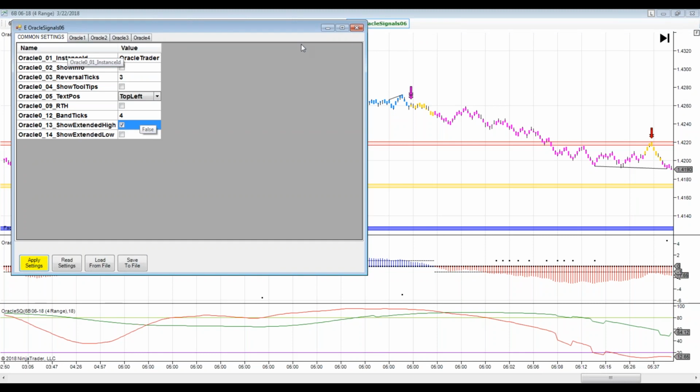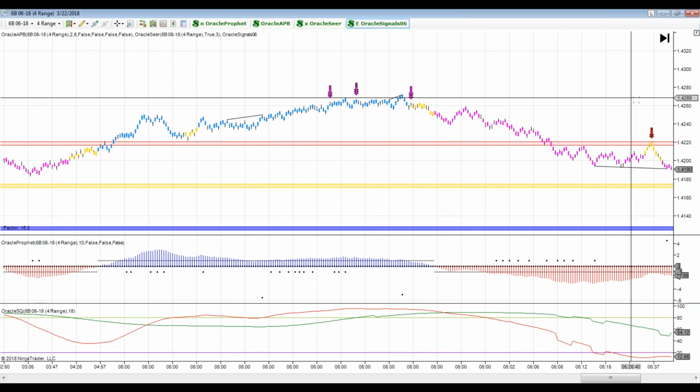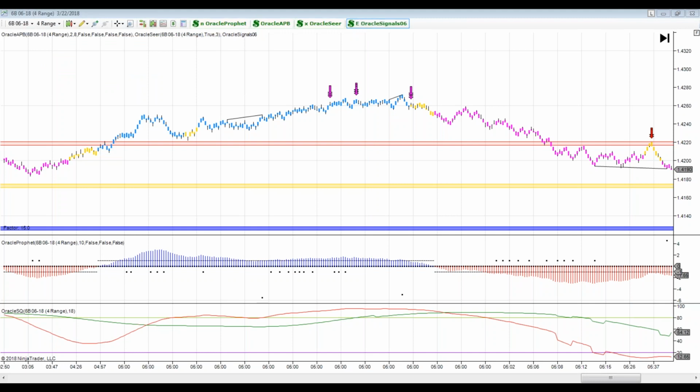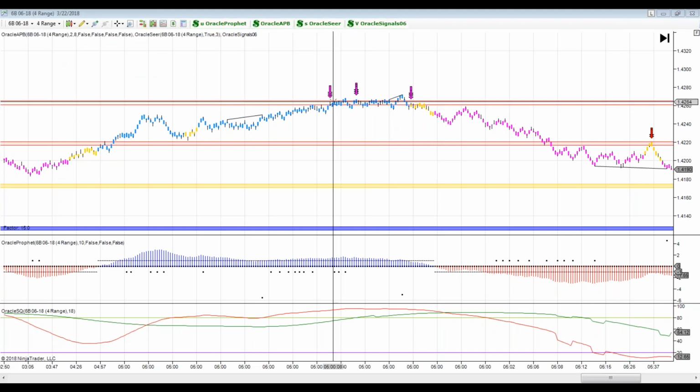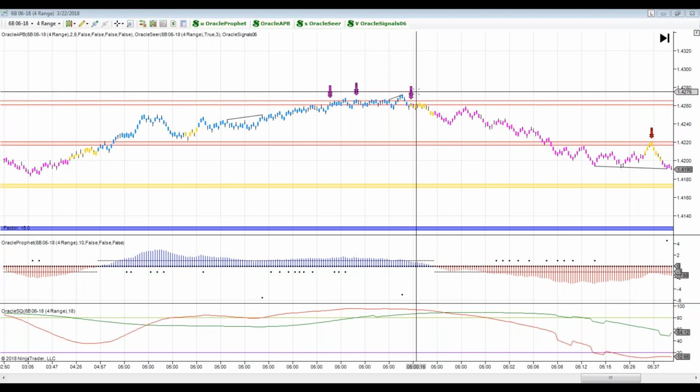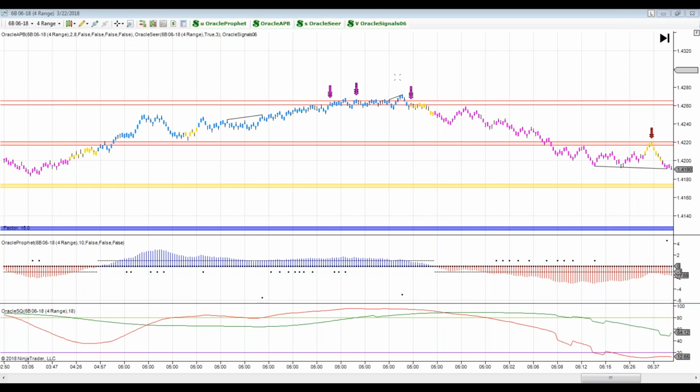If I apply this and then reload the chart, we're going to be able to see that. So this was our projected extended sell area. The pound came up to it, and then you can see the auto trader signaled the short trades through here. It's set to take advantage of certain conditions when they occur, and these certainly were them.